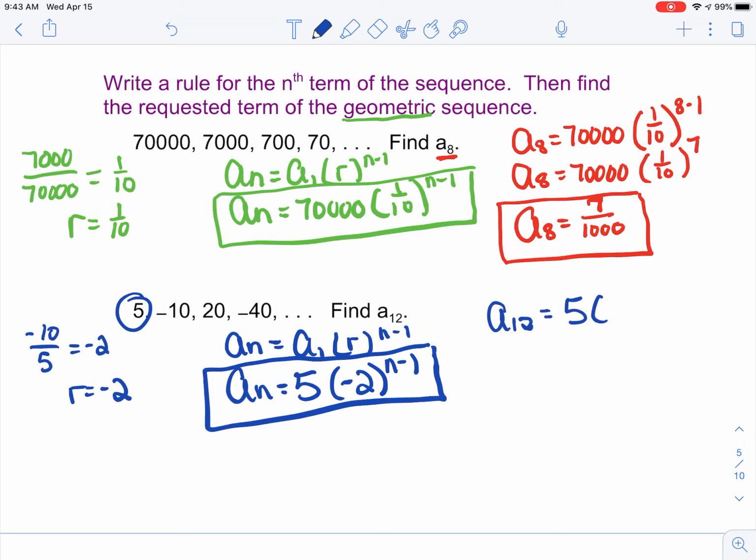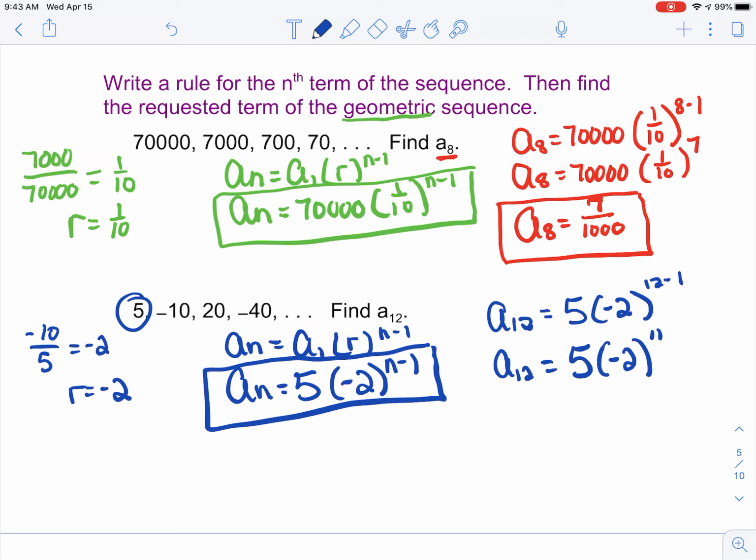Now I have to find the 12th term. So 5 times negative 2 to the 12 minus 1. So a sub 12 is going to be 5 times negative 2 to the 11th. And on your scientific calculator, you put this in.